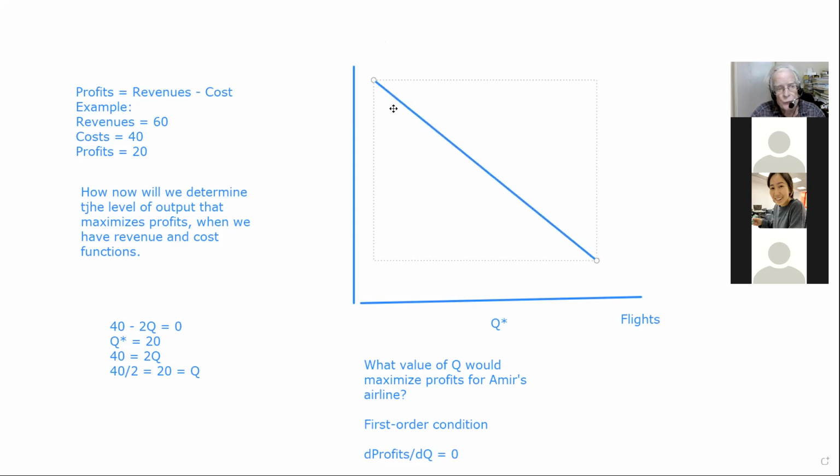So this downward sloping function is marginal revenue. That is the revenue of one more flight from Amir's airline.